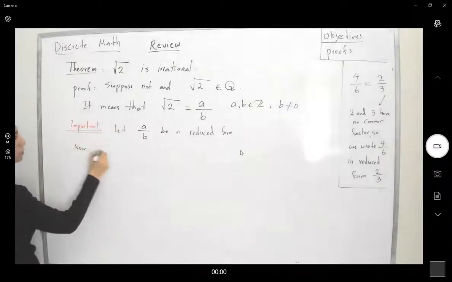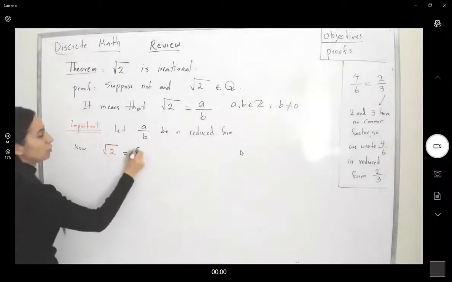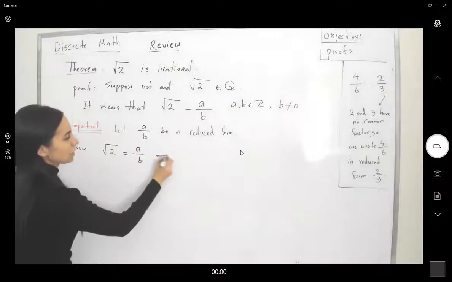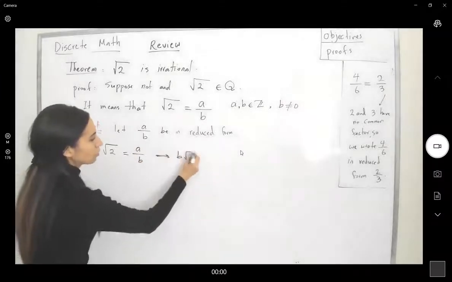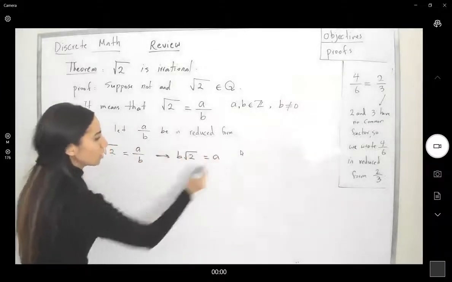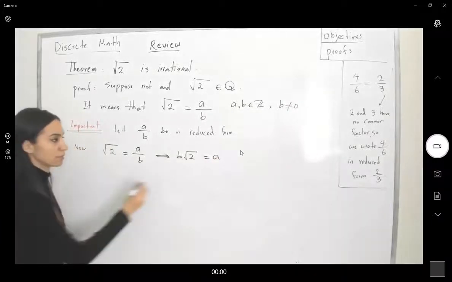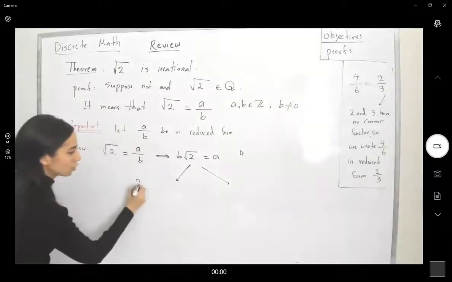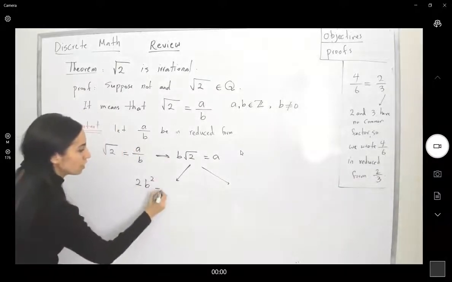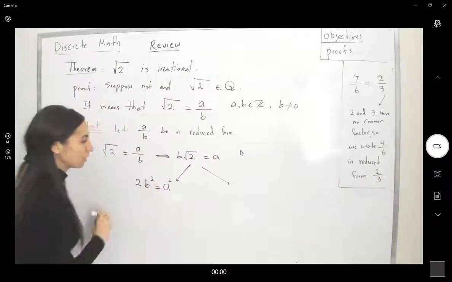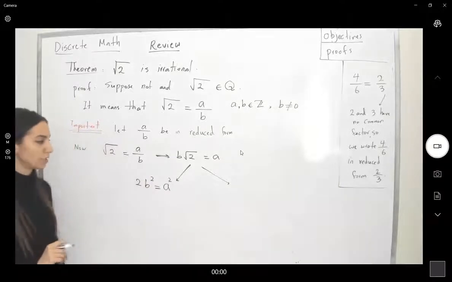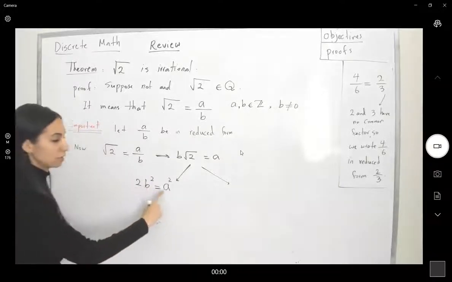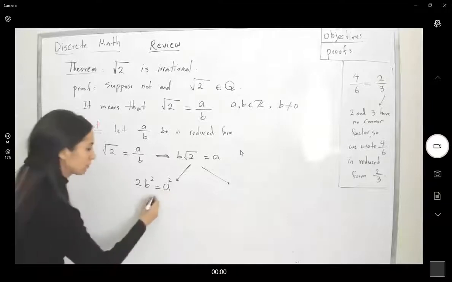Now, square root of 2 is equal to a/b. It means that b times square root of 2 is equal to a. Okay, this is important. Now I'm going to square both sides. 2b squared is equal to a squared. What's the meaning of that? It means that 2 is a factor of a squared.